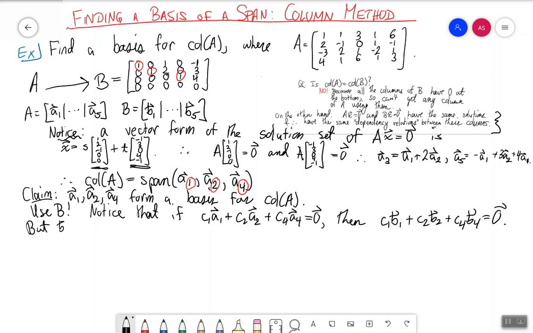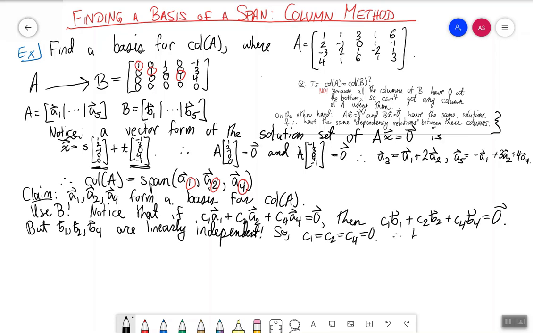But B1, B2, and B4 are linearly independent. So C1 equals C2 equals C4 equals 0.